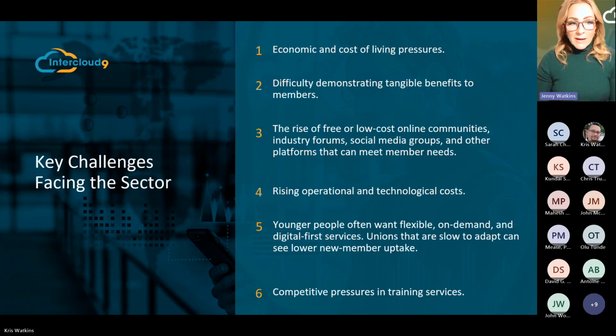Okay, so let's begin then with a look at the key challenges facing the trade union sector in the UK. In fact, there are numerous interlinked challenges impacting unions' sustainability and relevance. And foremost among these, of course, in the news again today are economic pressures, exacerbated by rising inflation that's been with us since 2021, and that's caused a substantial reduction in disposable income for us as individuals and also for businesses.